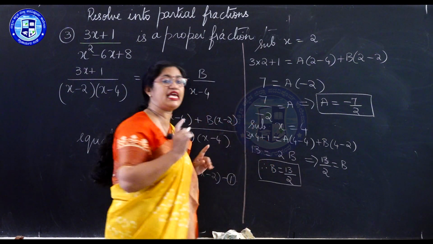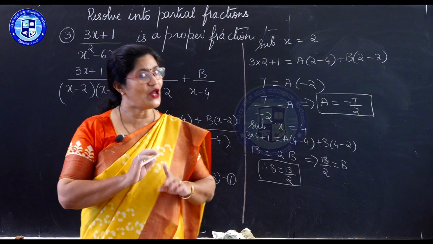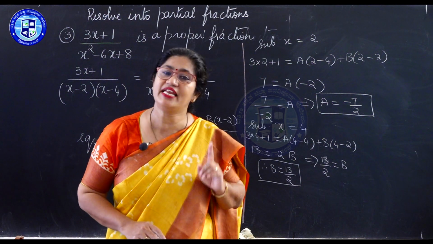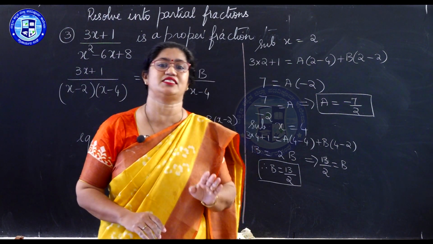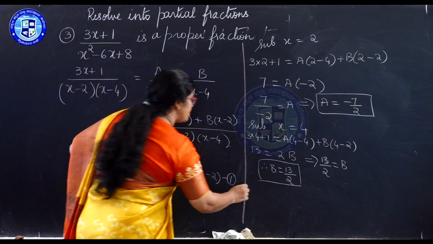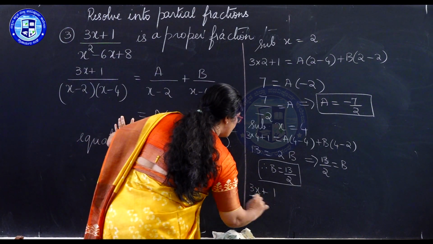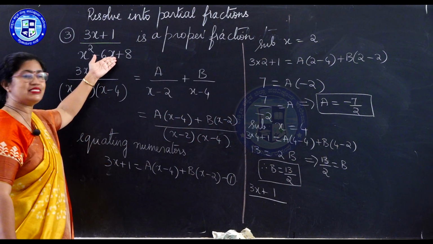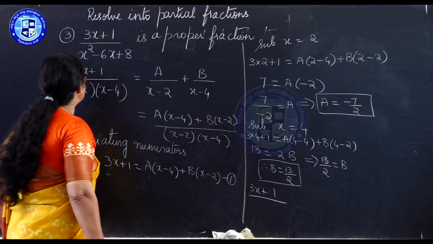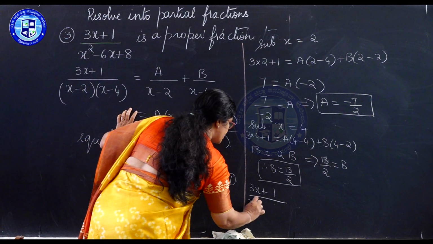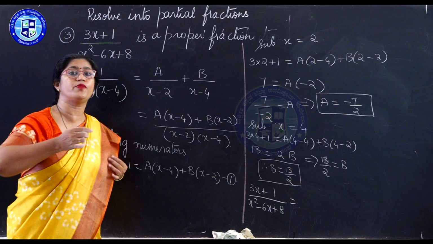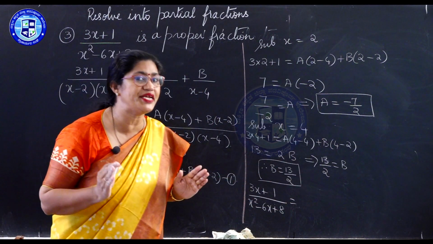So I got a, I got b, but the sum is not over. Now you remember, I need to write the final answer. So the conclusion, what was the question? 3x plus 1 by x square minus 6x plus 8, you could write this or you could write this, it does not make a difference. You could write it in any way. It is equal to, don't exchange the numerators.